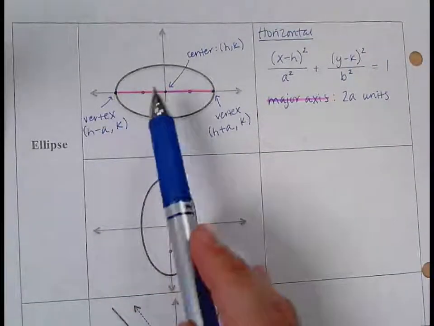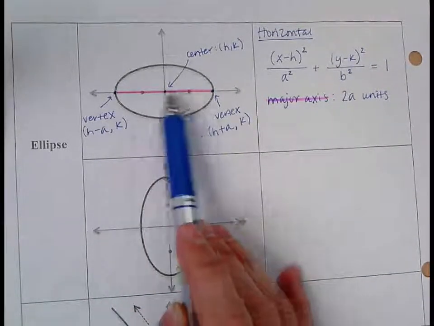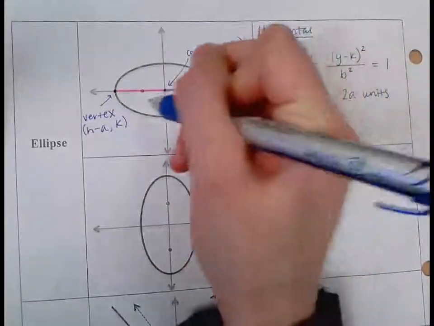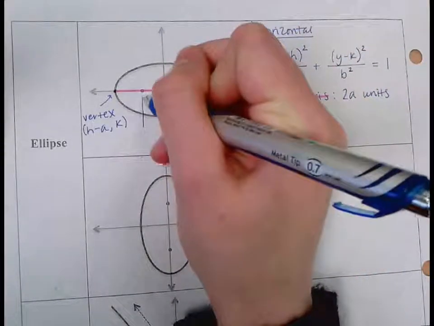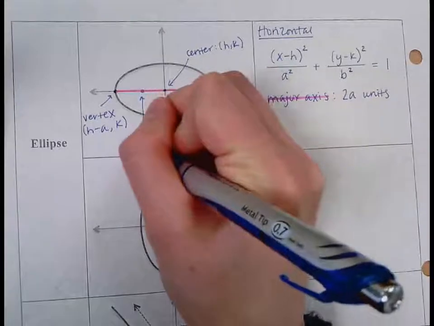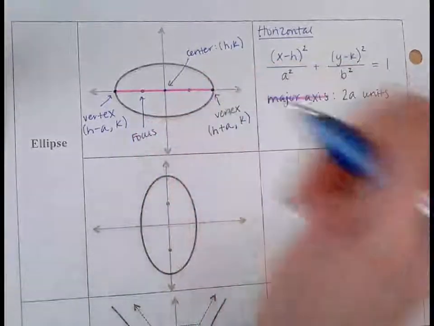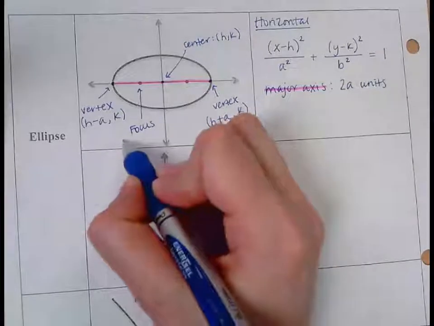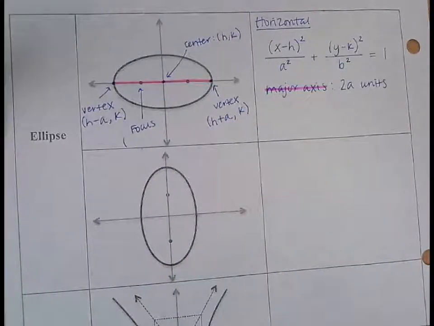And then also on the major axis, these 2 points that are already drawn in, those are the foci. Again, that's plural for focus. I'm going to label the leftmost one first. So this is a focus. That leftmost focus has the following coordinates.